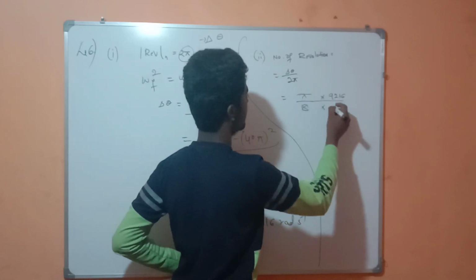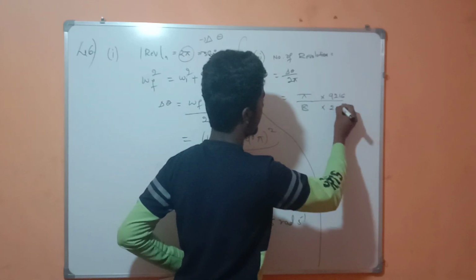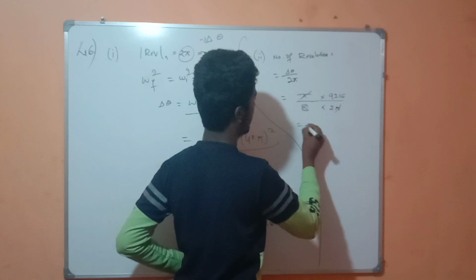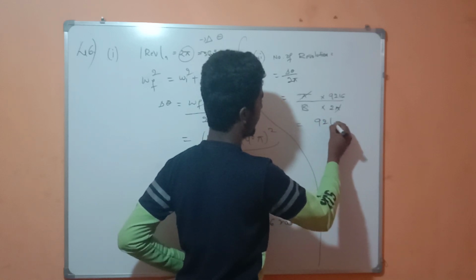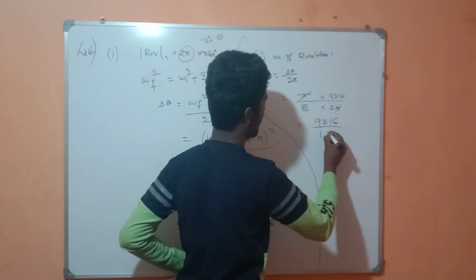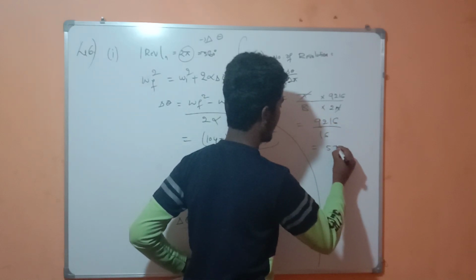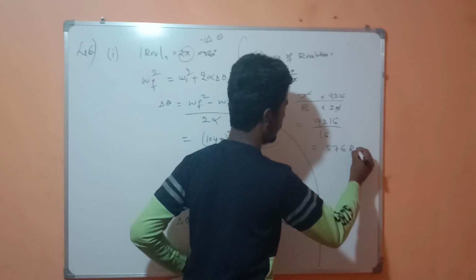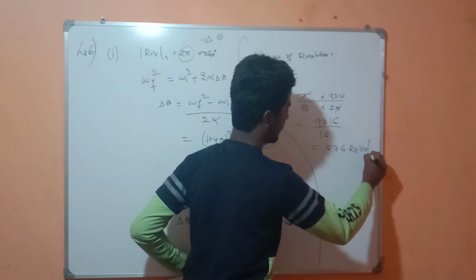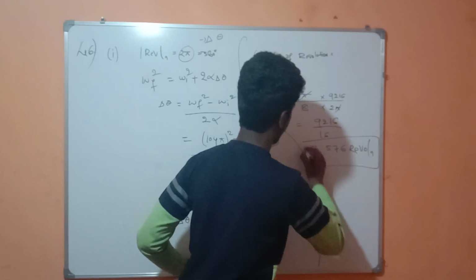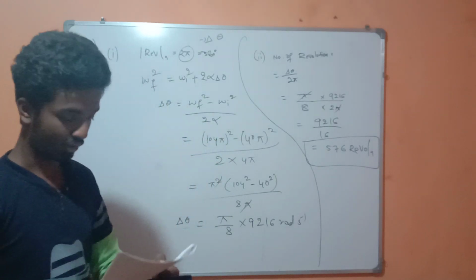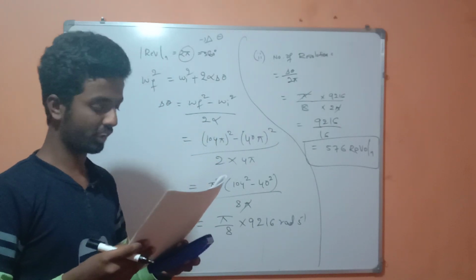Here 2 pi is common, and pi cancels. 9216 divided by 16. If you do this, we will get 576 revolutions. That's all. It is the solution for the 46th question.